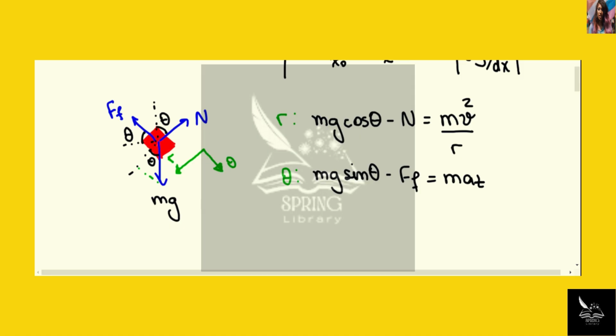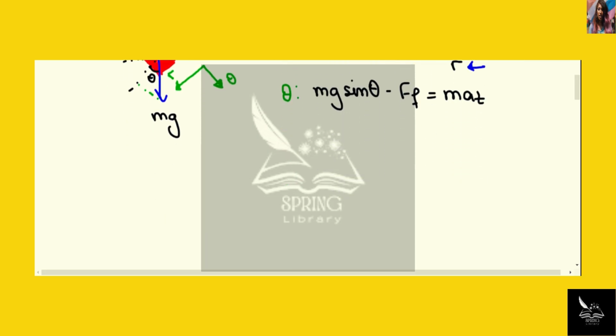Notice that there are two things here that we still don't know. We don't know what r is, we don't know what theta is, and of course we don't know what the normal and the frictional force are, but that's what we're going to find out. So first, let's find what theta is. Basically we have this curve here, and this angle is theta. Now the tangent of theta is equal to minus the derivative of y with respect to x.